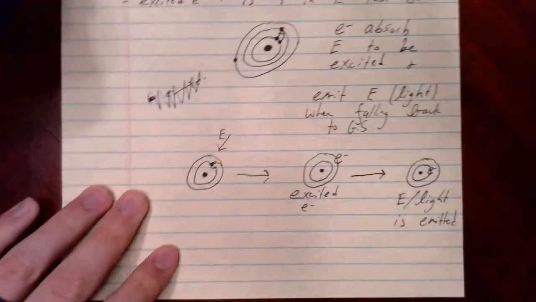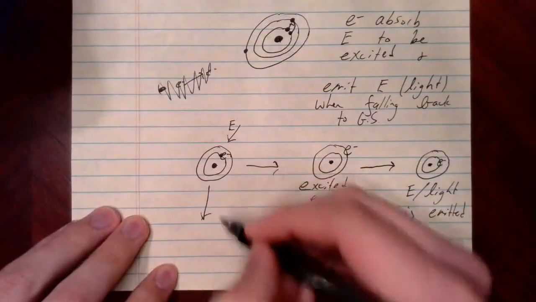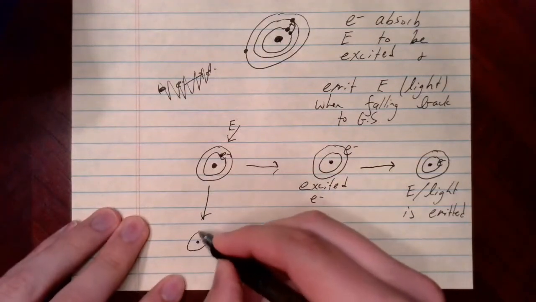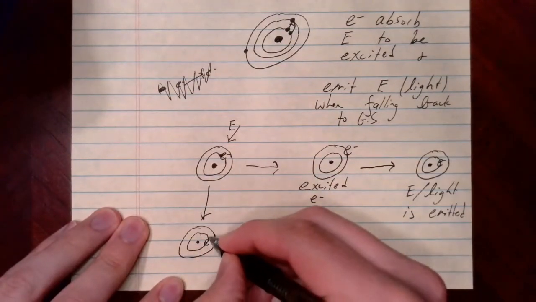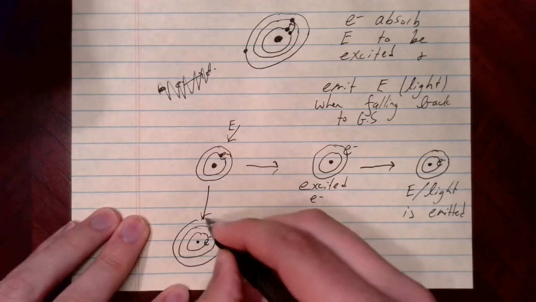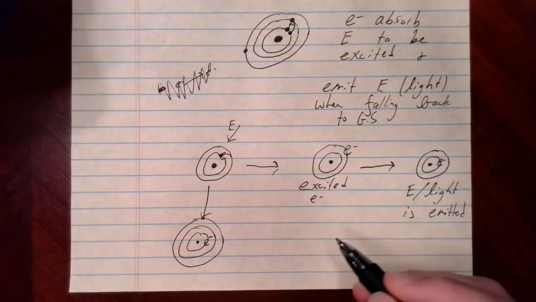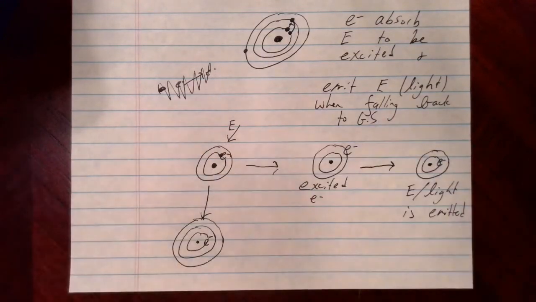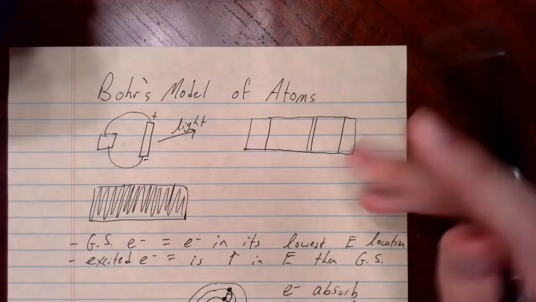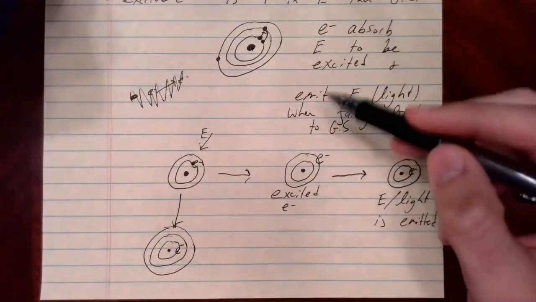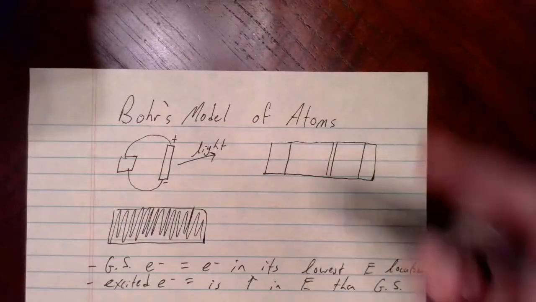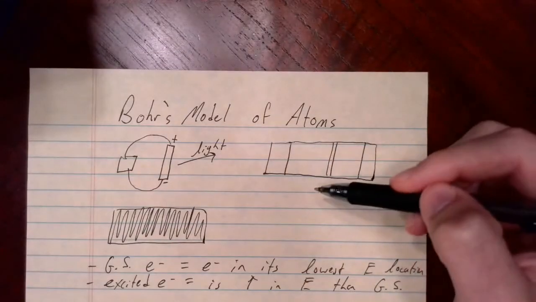If I had, for example, an electron that started off in a different location and it got promoted to a different energy level and fell back to a different energy level, it would have a different line on the spectrum. So each different possible transition here corresponds to a different line on the spectrum.